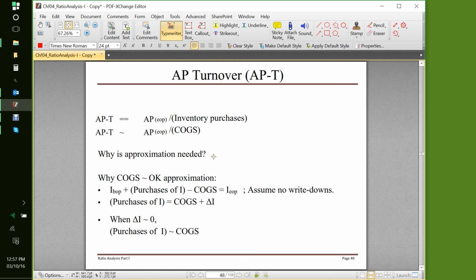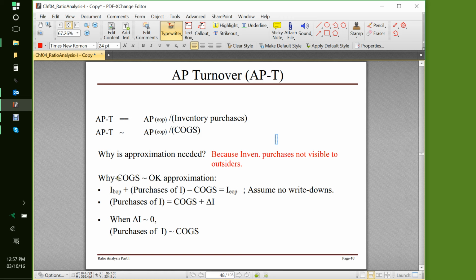Okay, and the approximation again here is needed because inventory purchases are not visible to outsiders. And we're sort of assuming with most of these ratio analyses that we're an outsider working at a hedge fund or a mutual fund or something like that, thinking about investing in a company, or at JP Morgan Chase as a loan officer, thinking about whether we want to make a loan to this company.